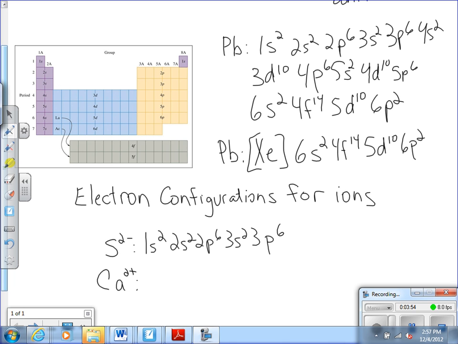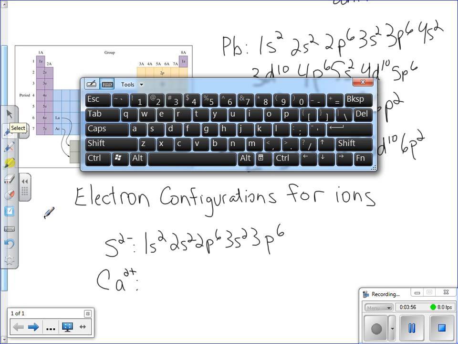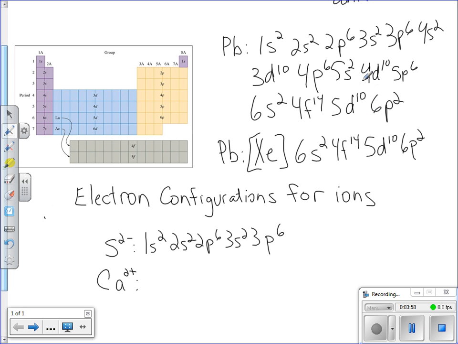All right, how about Ca2+? Okay, calcium is right here. The calcium 2+, extra electrons or too few? Think about it for a moment. Pause if you need to. I'm about to tell you. It means we need to take away 2 electrons. So that means these 2 electrons we are not going to include in Ca2+, because a positive charge means you've lost some electrons.